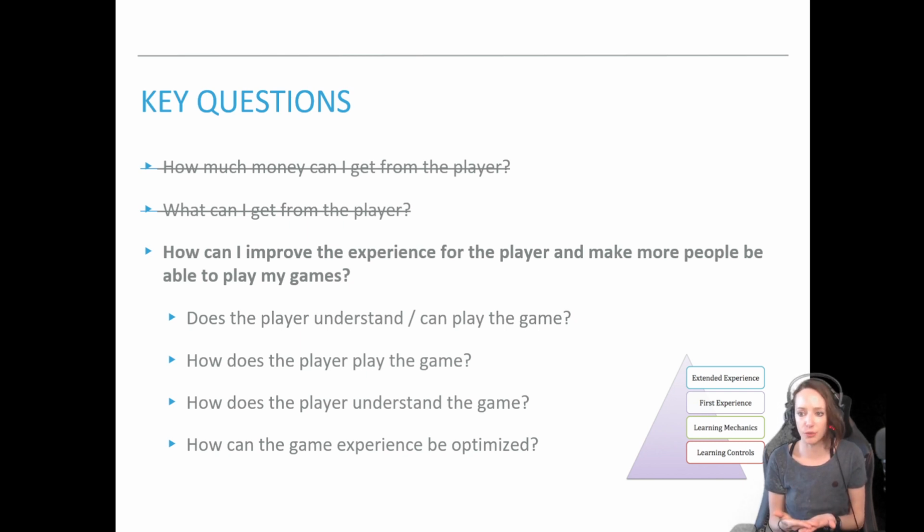So key questions we want to understand: does the player understand how to play the game? Can they play the game? How do they play the game? And can the game experience and the tutorial experience, for instance, be somehow optimized so that more players are able to play the game?